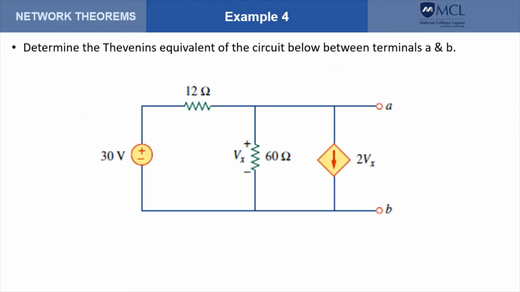For our last example for Thevenin's theorem, here we are simply asked for the Thevenin's equivalent of this circuit with respect to the terminals A and B. So here we have a dependent current source whose magnitude is dependent on the voltage across the 60 ohms with the polarity indicated.